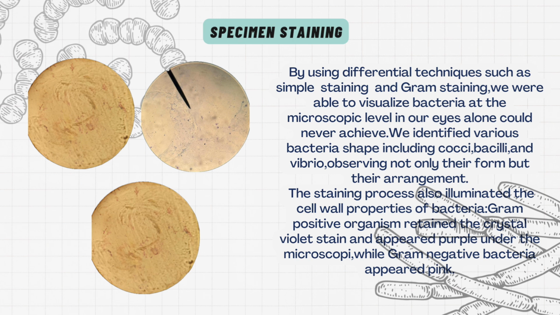The staining process also illuminated the cell wall properties of bacteria. Gram-positive organisms retain the crystal violet stain and appear purple under the microscope, while Gram-negative bacteria appear pink.